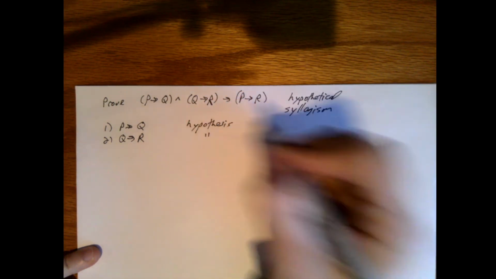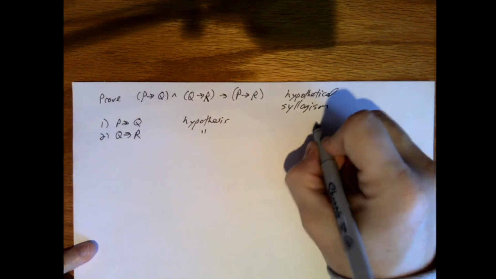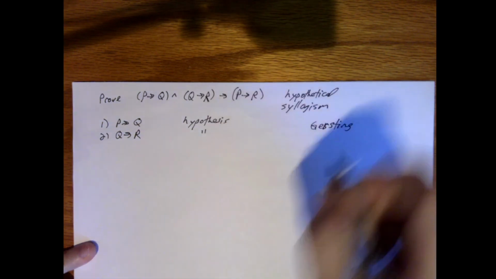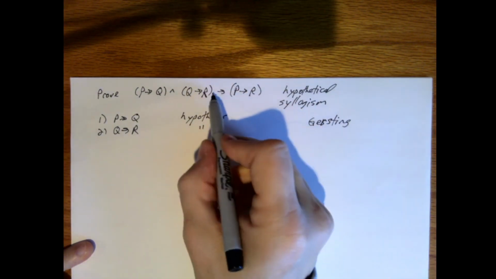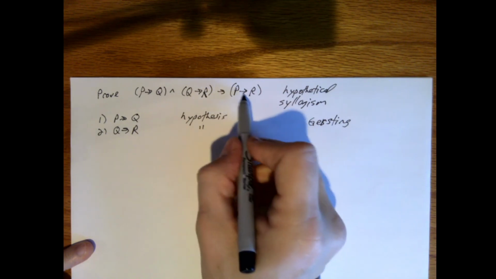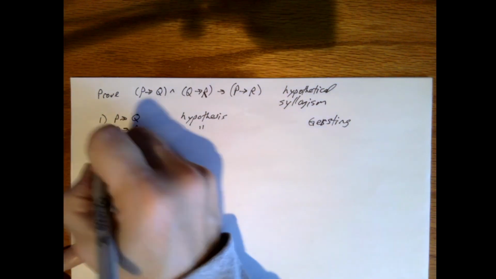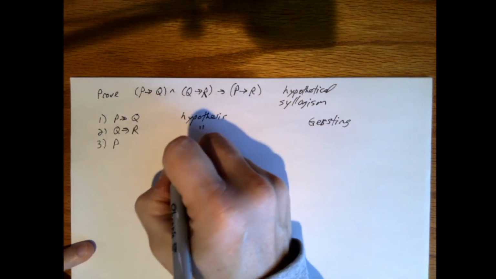So hypothesis, hypothesis. Now, some authors, in particular Gersting, which I have the most experience with, use something called the deduction method, which basically says we can pull this P over here as an additional hypothesis and just have the single implication. So now when she does her examples, she would write P and simply write hypothesis. I like to write deduction method.